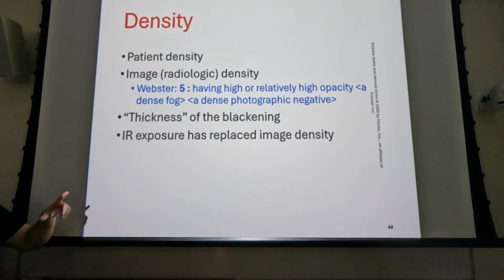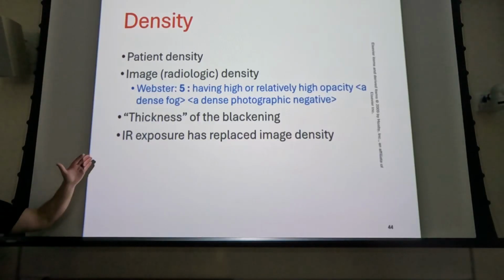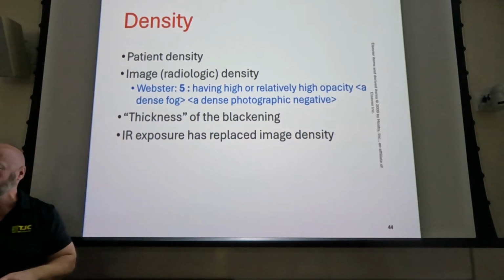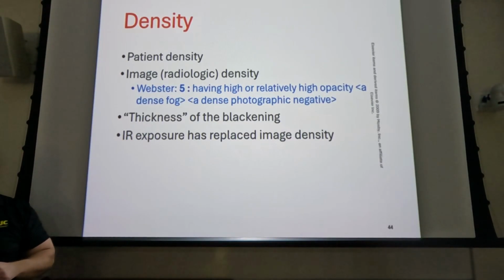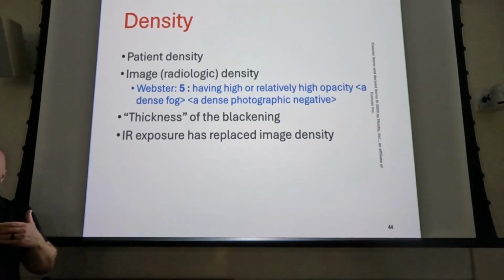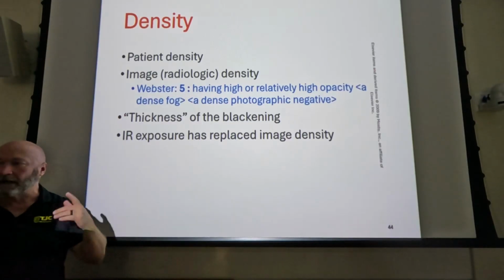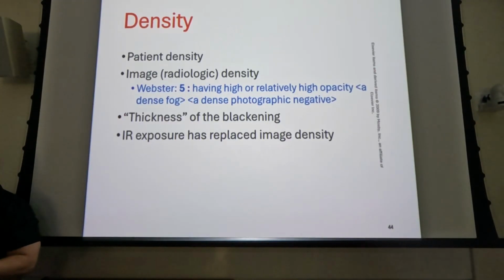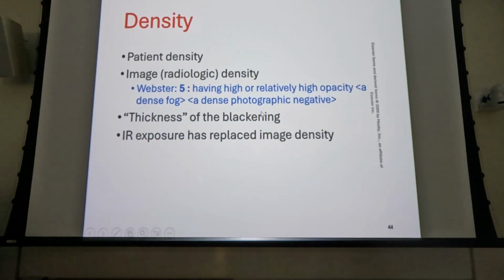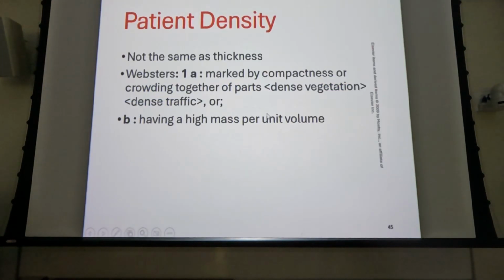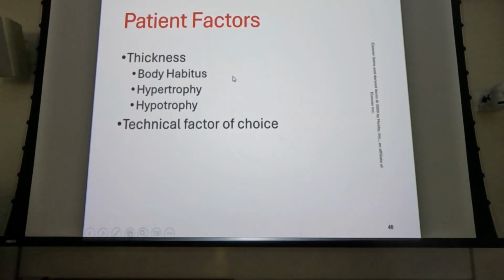That would be low contrast, between each one of those subtle differences. So if you have subtle differences in density, you have low contrast. If you have a lot of difference in density, you have high contrast. So density: how dark is the image? How hard to penetrate is the structure? Any questions?